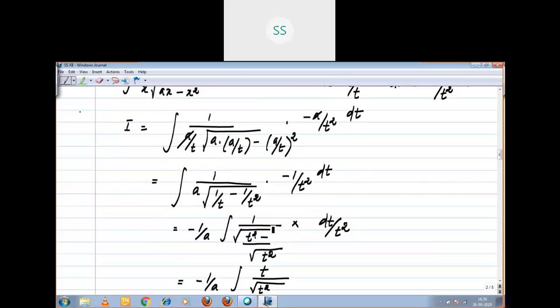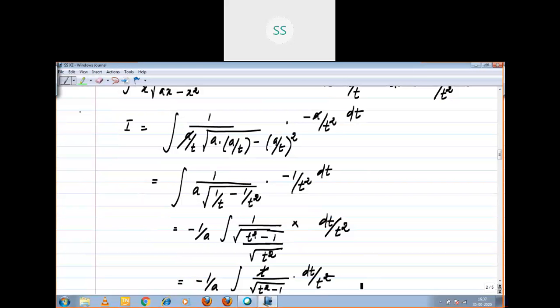Now, minus 1 by a into integral t divided by t square minus 1. See, one minute.